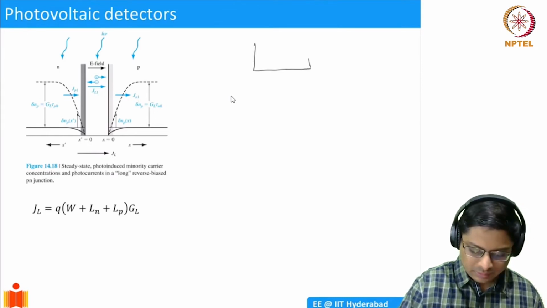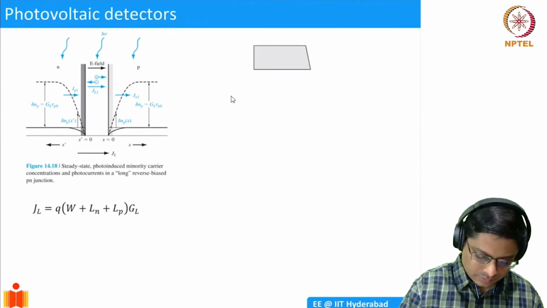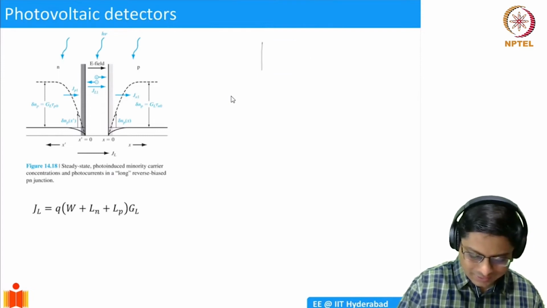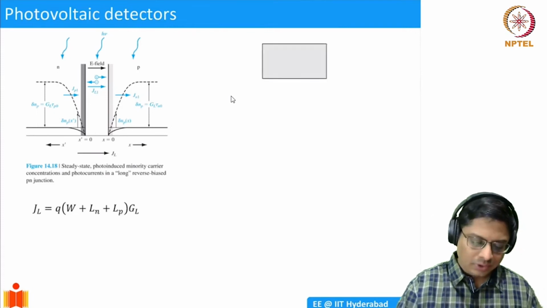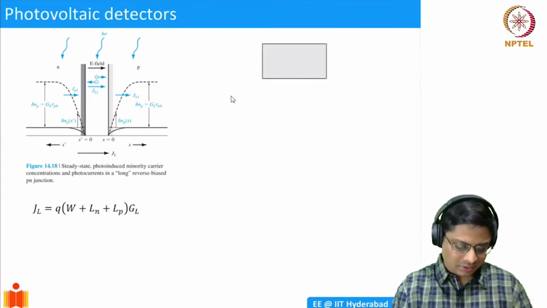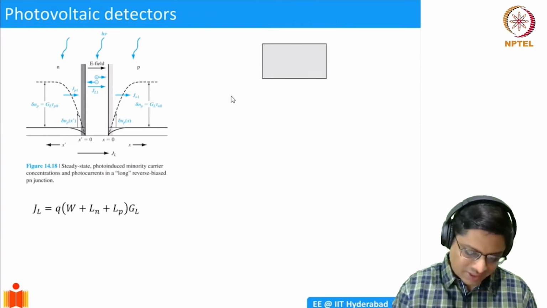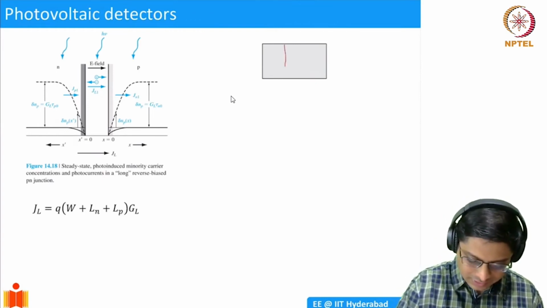Let's say I take a PN junction. I don't like the shape. Yeah. So if you take a PN junction, I want to refer to this diagram, so I'll write it in the same way.